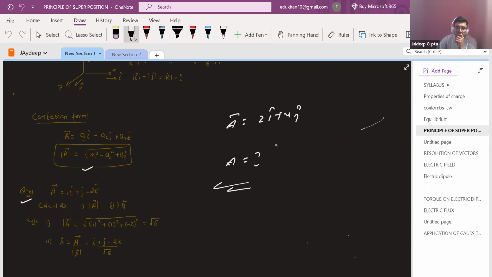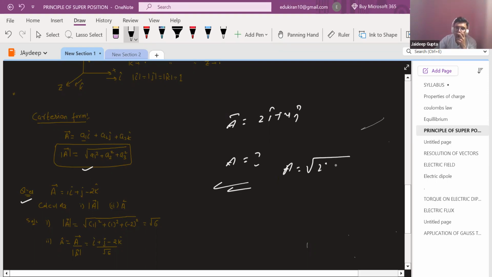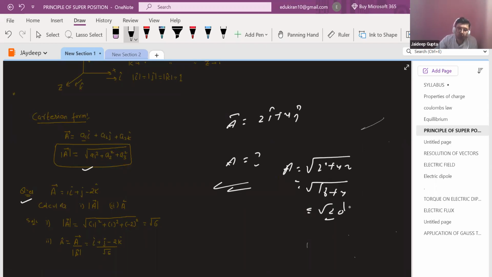Iram, done? Under root 20. So A equals 2 square plus 4 square, that is 4 plus 16, that is 20, under root, so root 20 units.